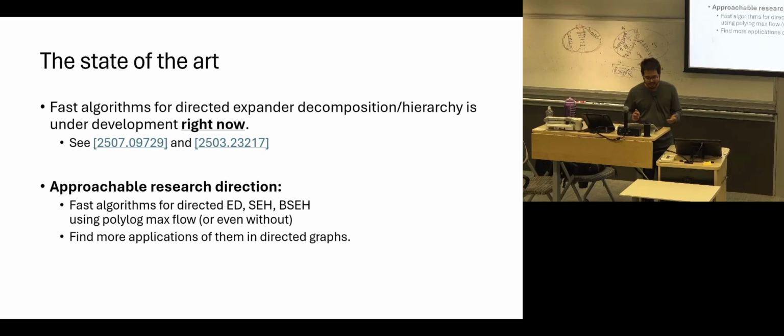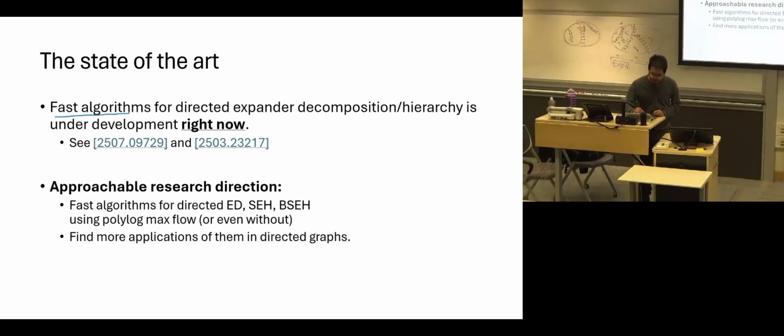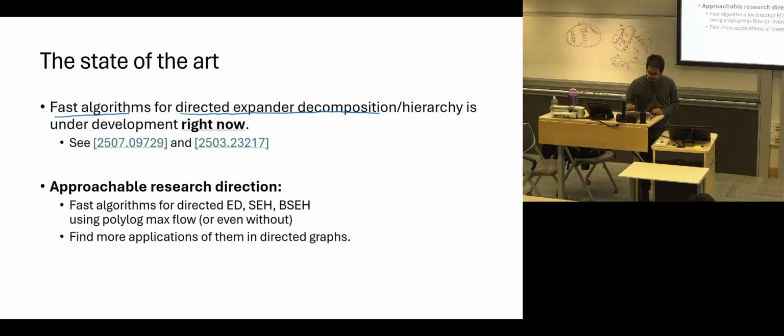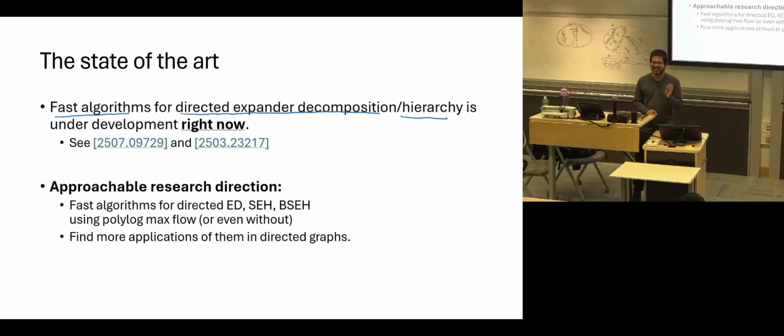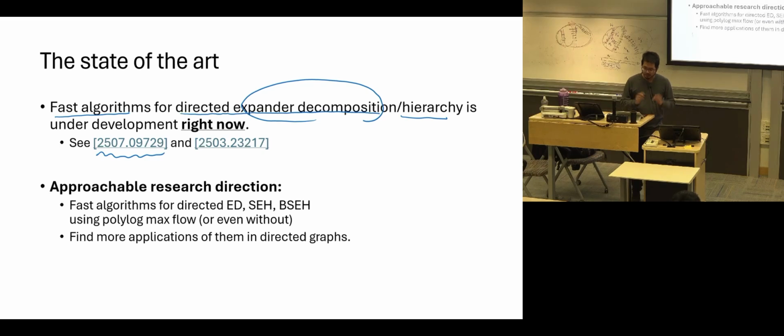The state of the art right now is that fast algorithms for directed expander decomposition and hierarchy are really under development. The fast algorithm for expander decomposition was just shown this year. And for the hierarchy, not yet.